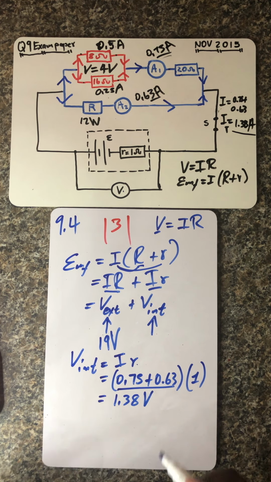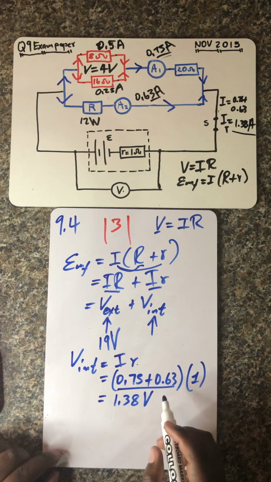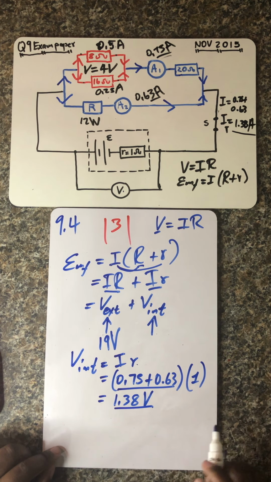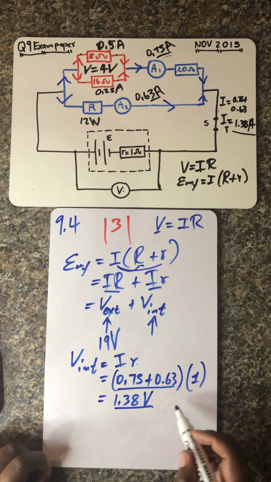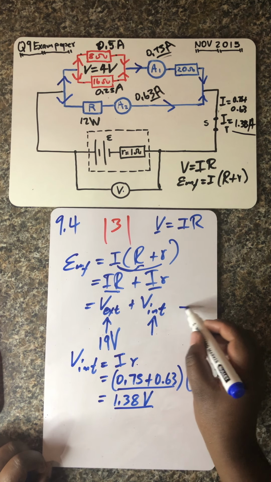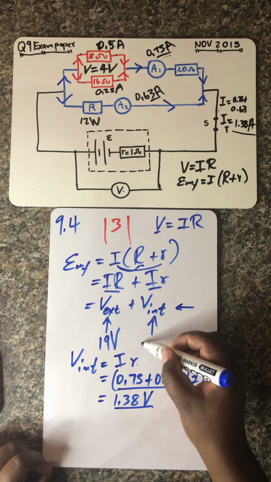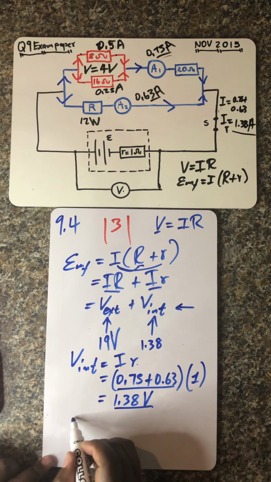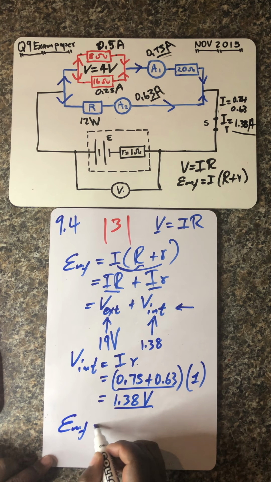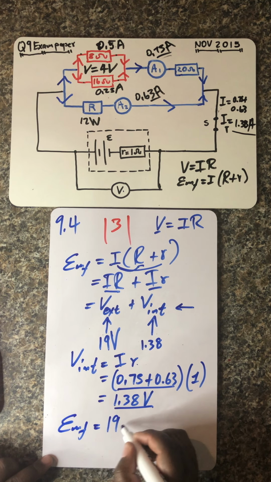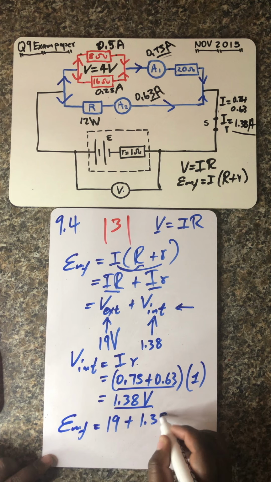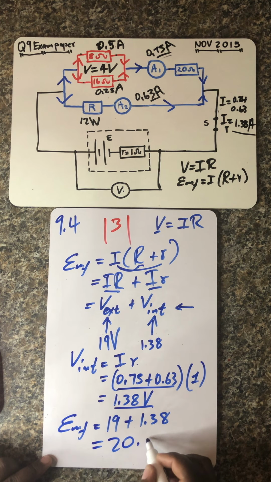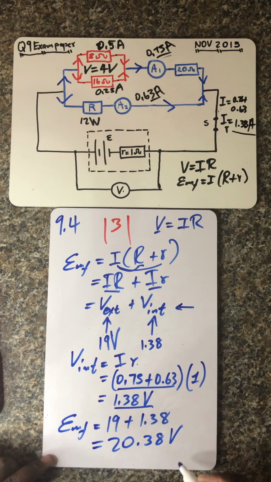Okay, so guys, our question is almost done. We now have the V internal. If we have the V internal, we can use that formula, because we now know the V internal is 1.38. So that means the EMF is equal to 19 plus 1.38, which is obviously 20.38 volts.